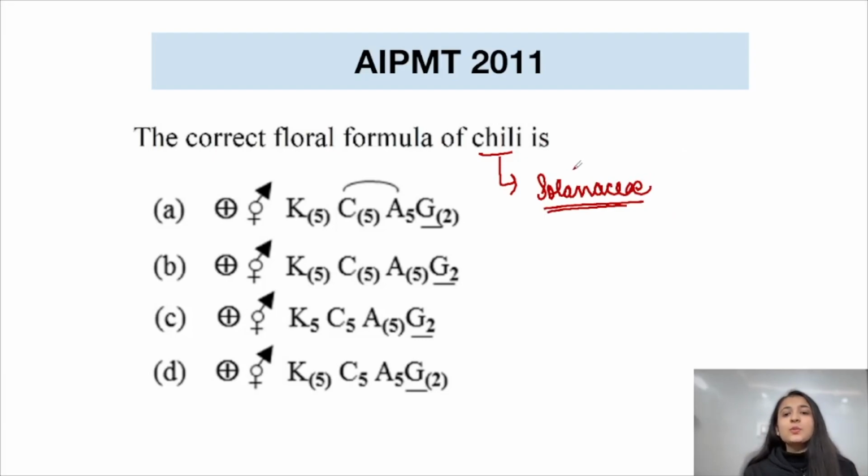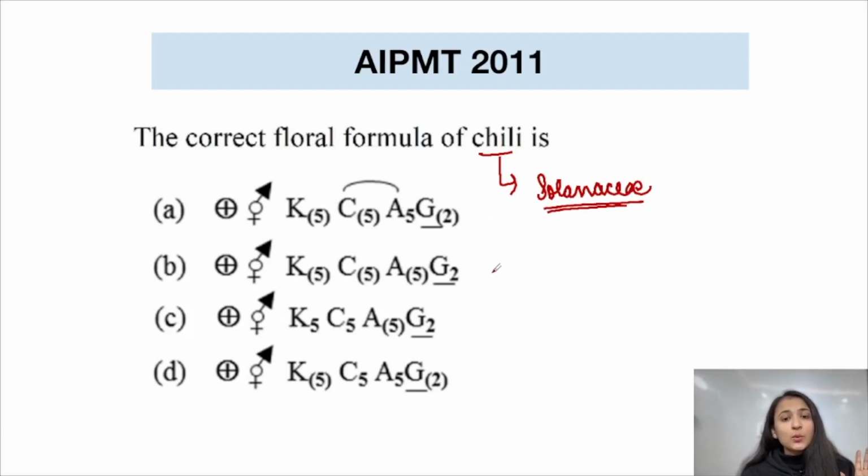So whether it is Solanum nigrum, chili, potato, tomato, Solanum tuberosum, which is potato, any plant which belongs to the family Solanaceae would have the same floral formula. So you can relate the floral formula that we studied in the family Solanaceae to the correct option here.